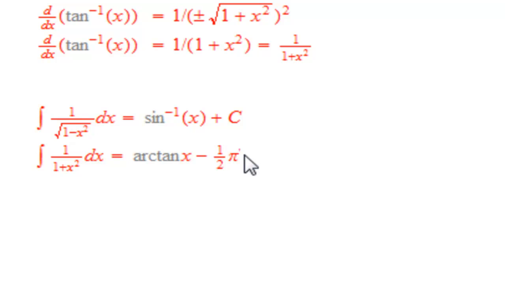This is not incorrect. Remember that Scientific Workplace is not putting a plus c on here, so the fact that it added a negative constant doesn't change the answer. We should be putting a plus c, and to be consistent, I'm also going to change this to tangent to the power of negative 1.